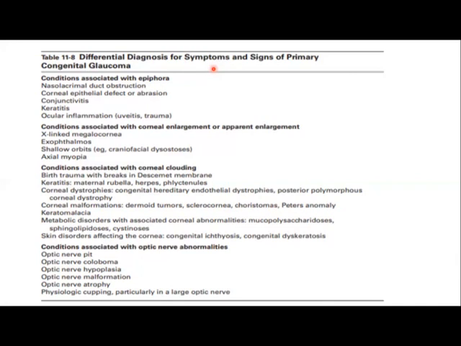Especially it depends on the time of presentation. The earlier they present and the earlier we surgically intervene, early intervention will give a good success rate, and later presentations will give low success rates.